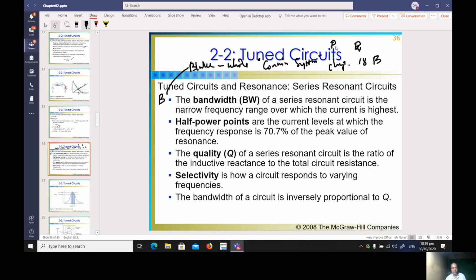There is a temperature of the sky. Lumalabas yung bandwidth na yan, which is letter B. May ibang book BW.